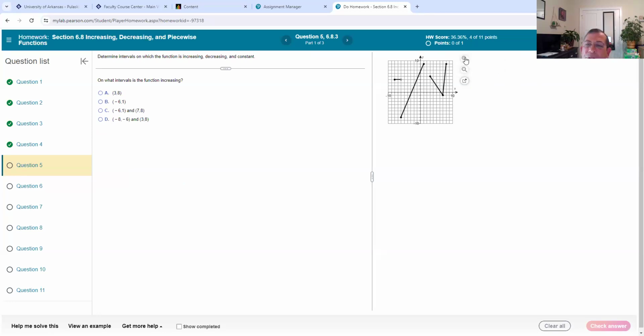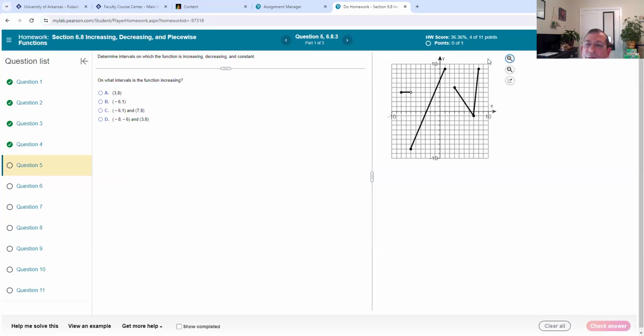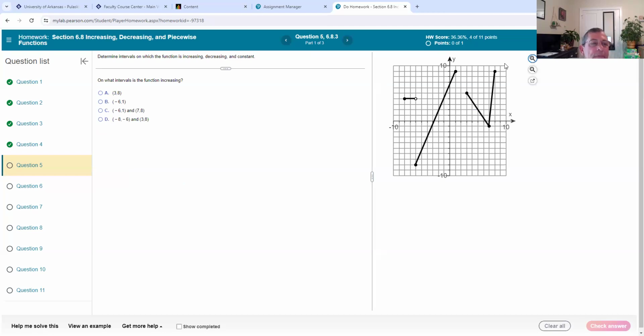All right, y'all, so let's look at this one. Notice, they want to know what intervals is it increasing. Well, I got this big long section that's increasing, and then the very last section is increasing.